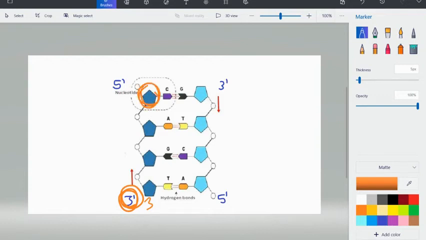And up at this end, the number 5 carbon is on the end. So when you start to make new DNA from the old DNA, DNA polymerase can only travel from 3' to 5'.